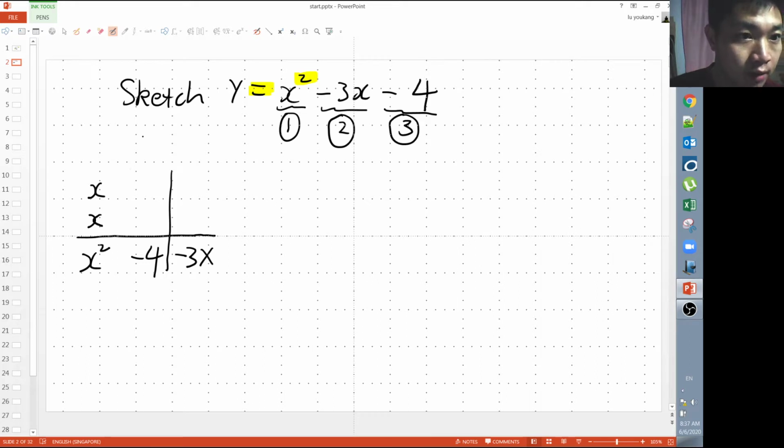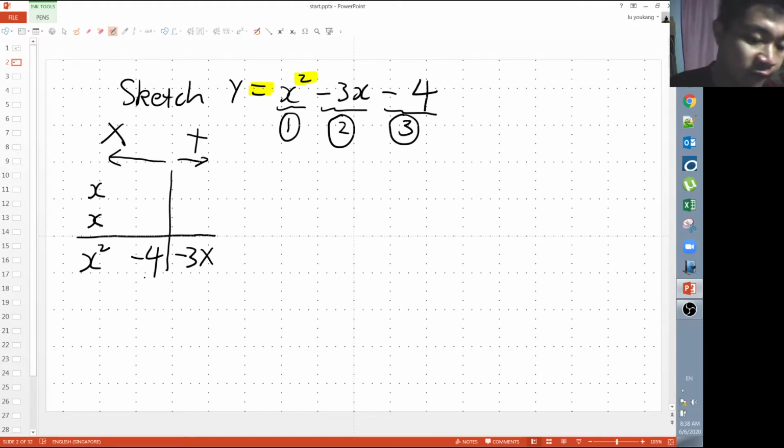By the way, if you have not remembered, for this side, so if this is the line, for this side it is times, and for this side it is plus. Okay, so now let's look at how do I get my minus 4 here.